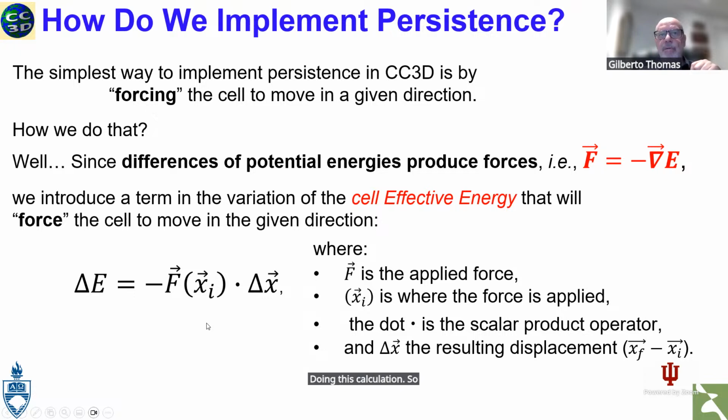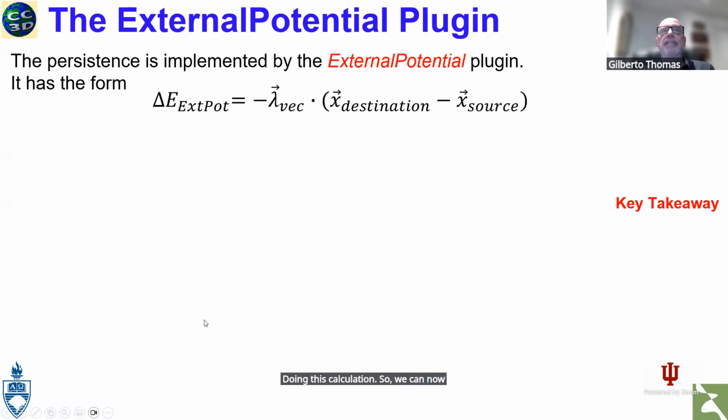So we can now see how that is done. This energy then has the usual notation: the product of intensity here, which is the force, times the difference between positions of the center of mass of the cell. This is the term we have to introduce.